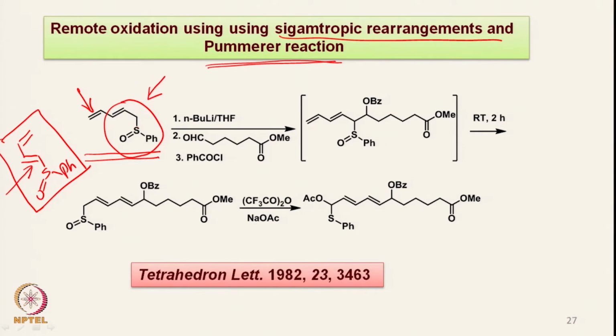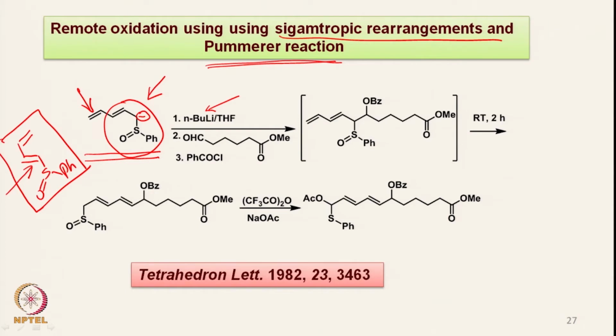But then this diene containing an allyl sulfoxide is treated with butyl lithium, a base here, to generate an anion alpha to the sulfoxide and reacted with this particular aldehyde.